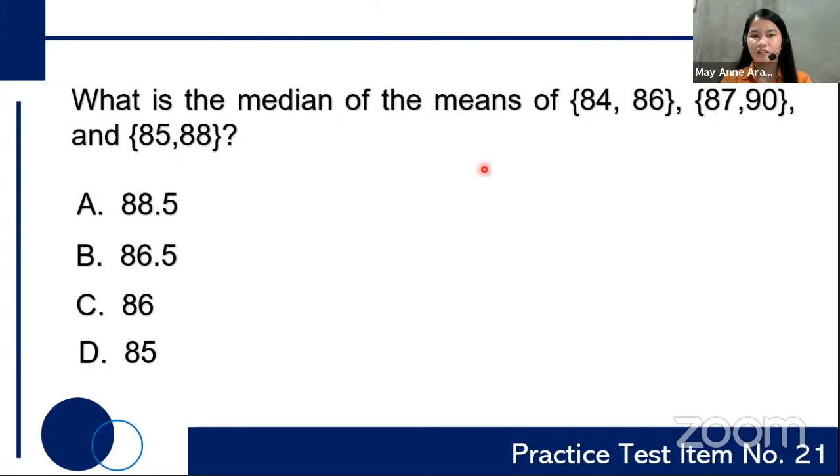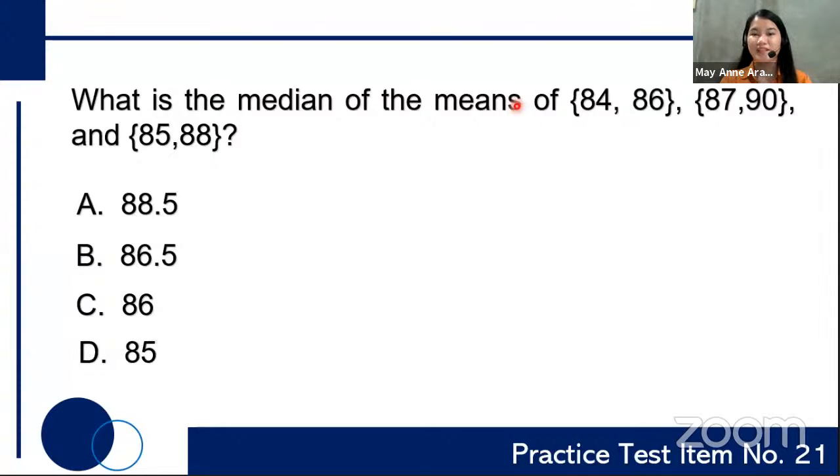Gitna ha. Okay. Other answer. Letter B. Ayan, letter B.